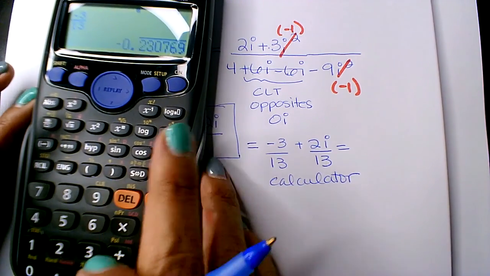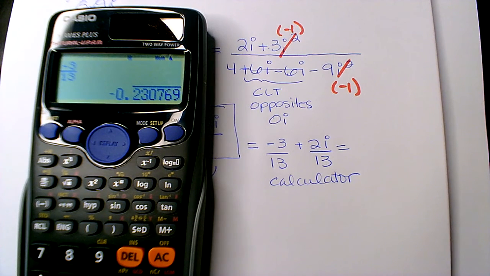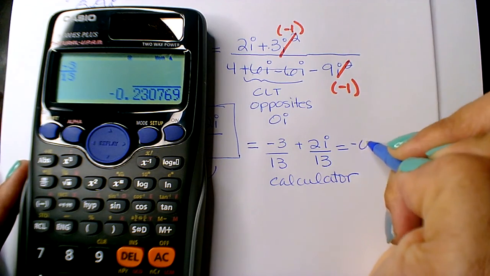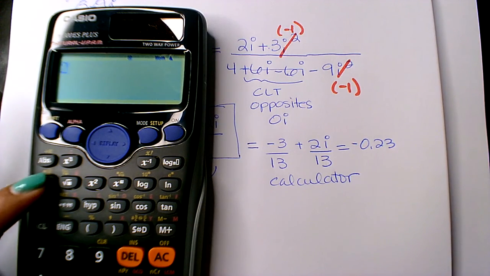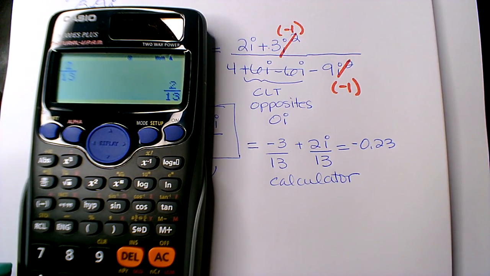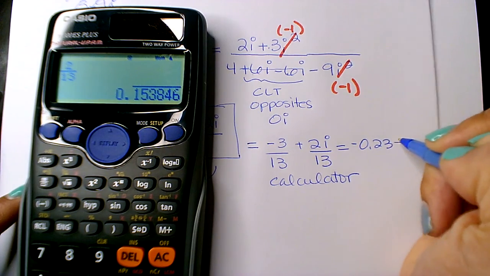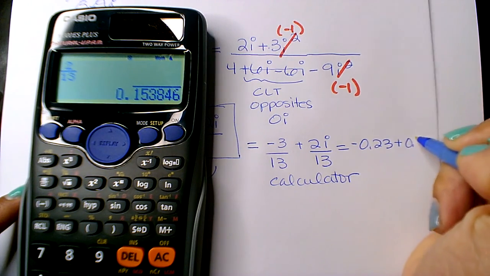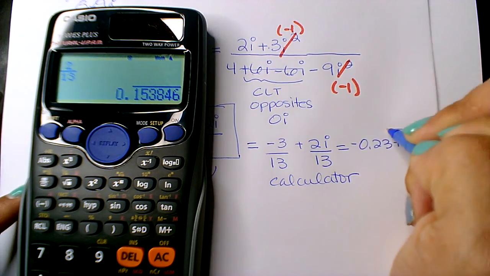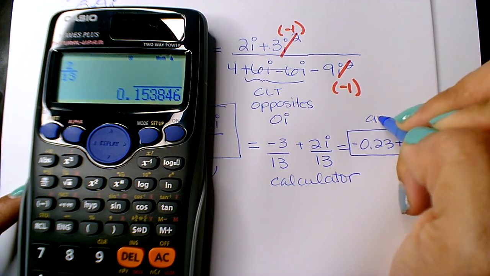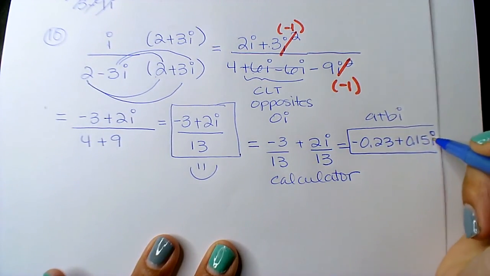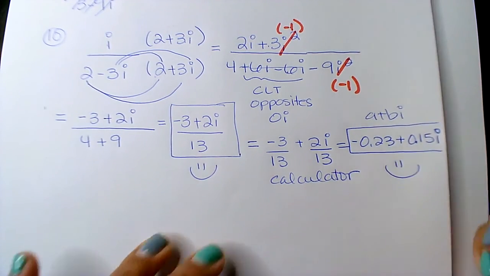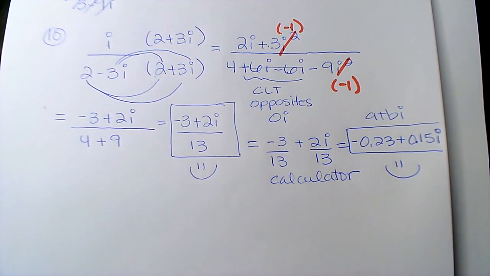Okay, as a decimal, that is negative 0.23. Is that okay? Who's got the giggles? And then 13. I'm running out of space. And so this is a beautiful complex number. Okay, this is acceptable. This is absolutely acceptable.